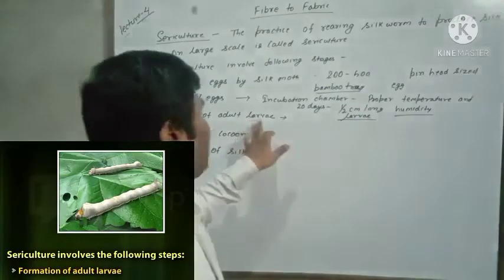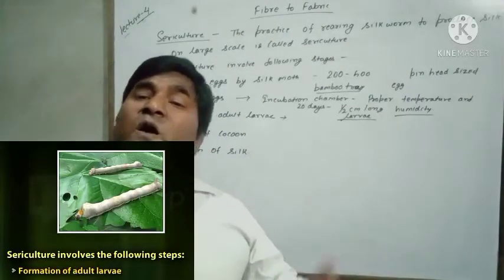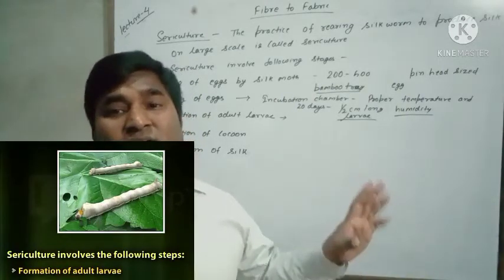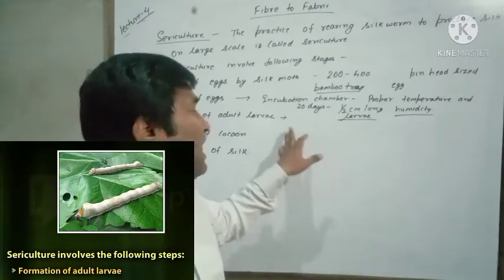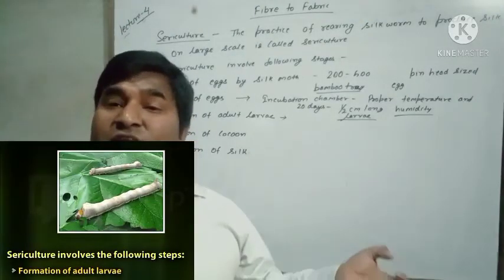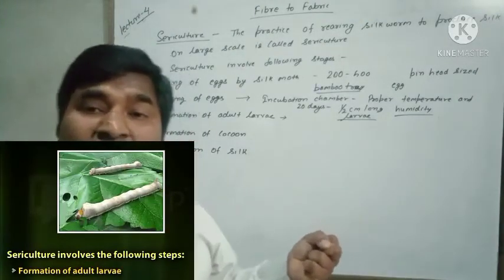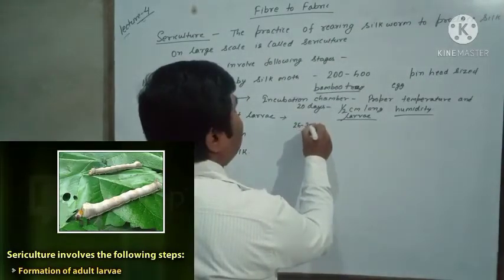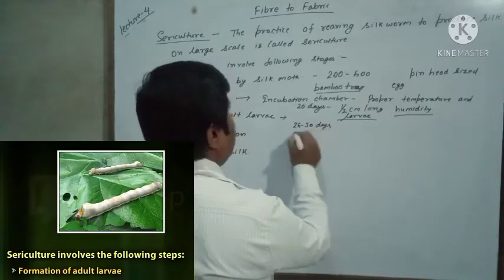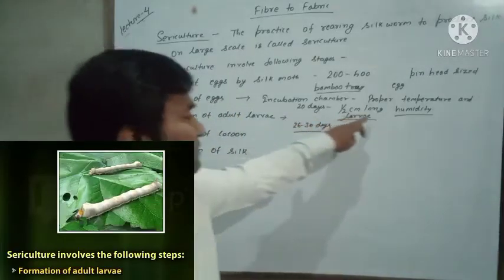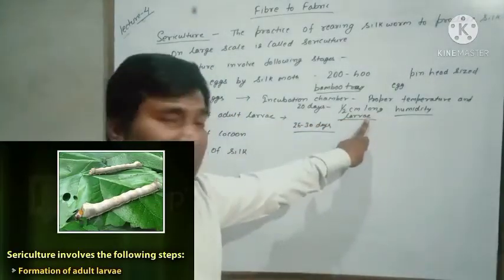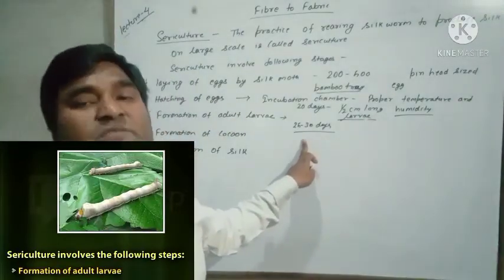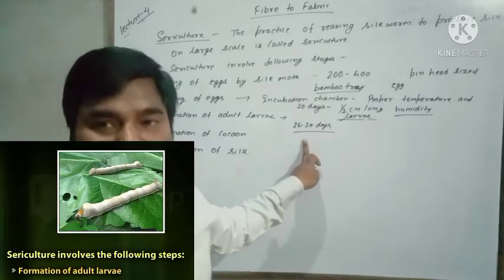These larvae will keep on feeding day and night on the mulberry leaves, and after around 25 to 30 days, this half centimeter long larva will change into an adult larva, means an adult caterpillar.